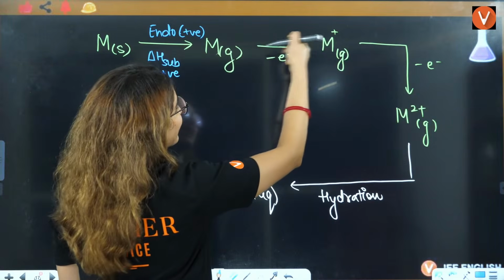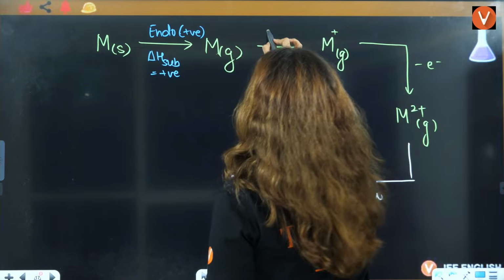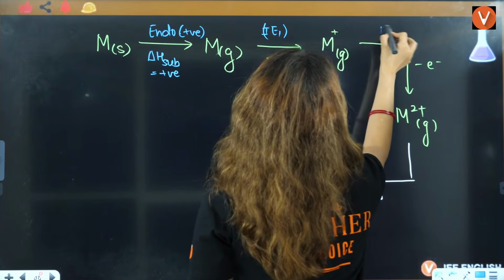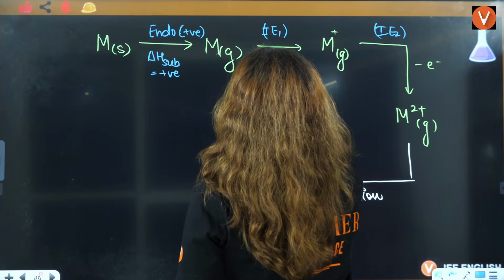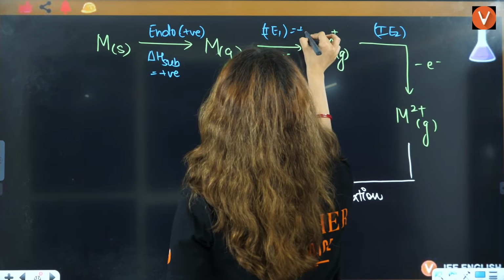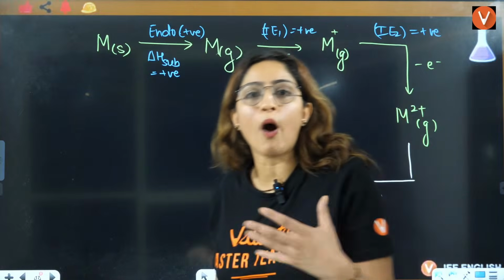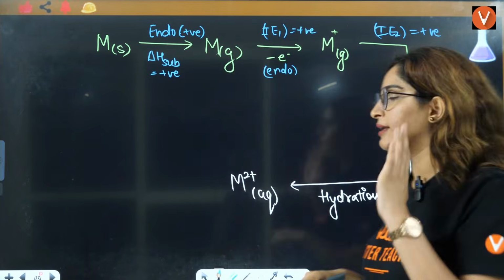Now, whenever you take out an electron from a metal, ionization enthalpy 1 is required, and this is IE2. Again, this is endothermic, so it is going to be positive, because energy is required to take out the electron.